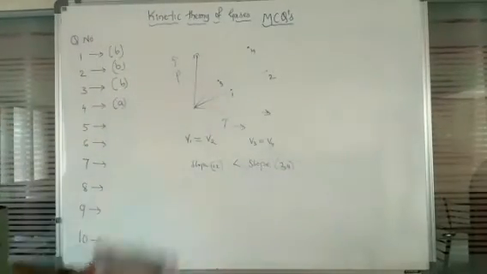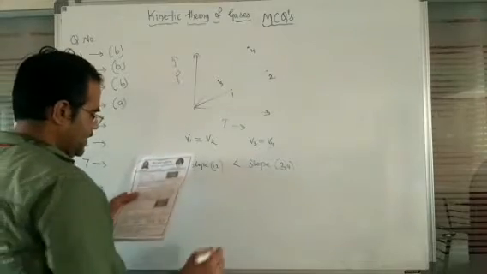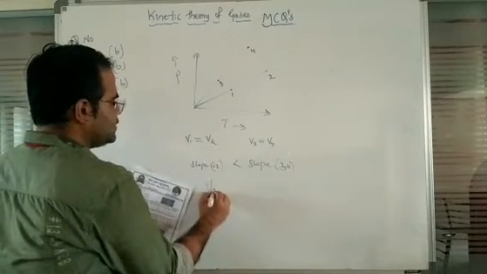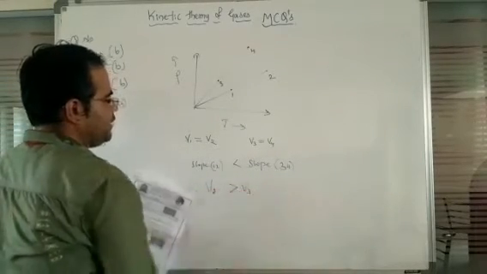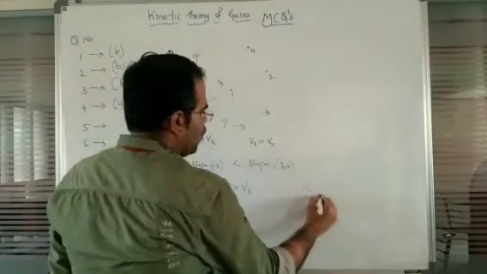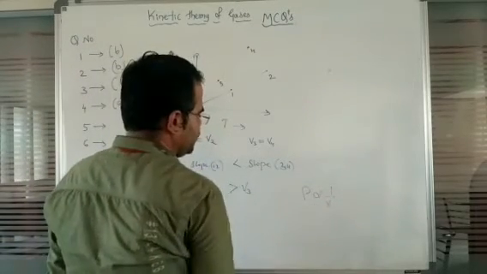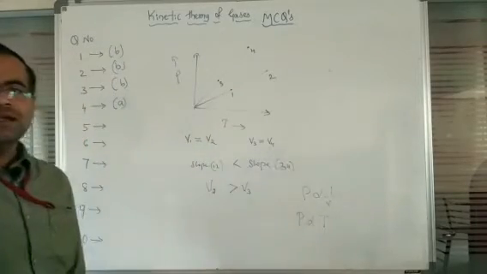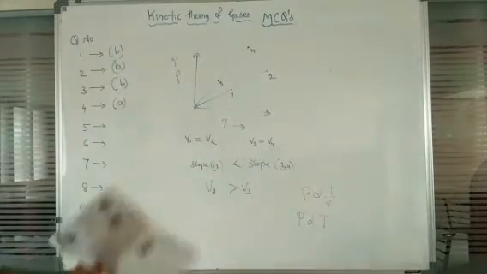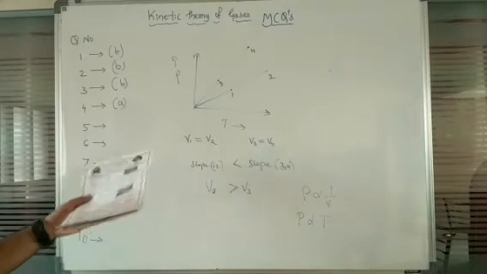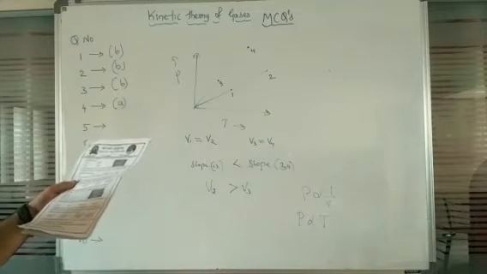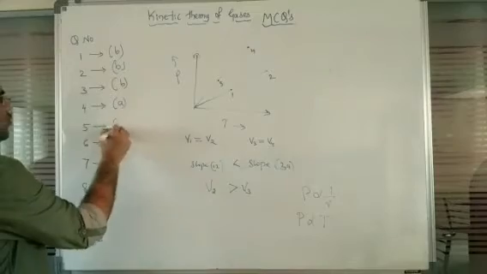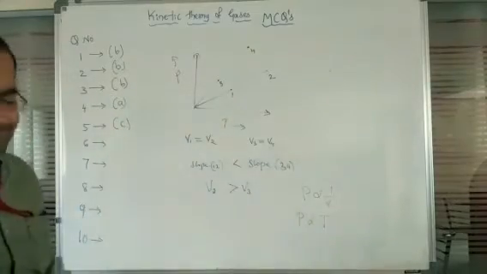So when it is lesser here, we can say V2 is greater than V3, because pressure and volume are inversely proportional, but according to the graph pressure and temperature are directly proportional. So that is the reason. So for the fifth question we have the option C.